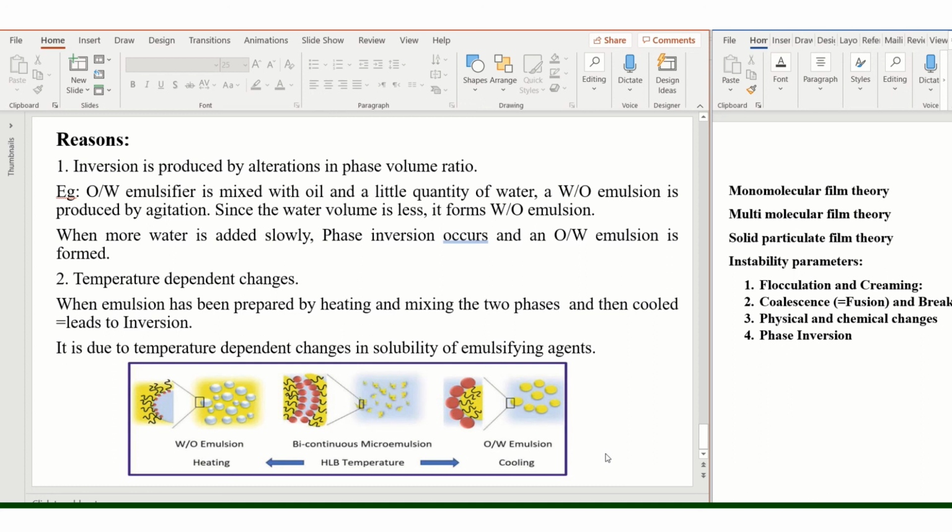Now, in today's lecture, we have seen the different theories of emulsification. We just brushed up our basics, and then we have seen the different instability parameters, like flocculation, creaming, coalescence and breaking, physical and chemical changes, and phase inversion, right? We have seen the various reasons and what actually happens during each instability parameter.